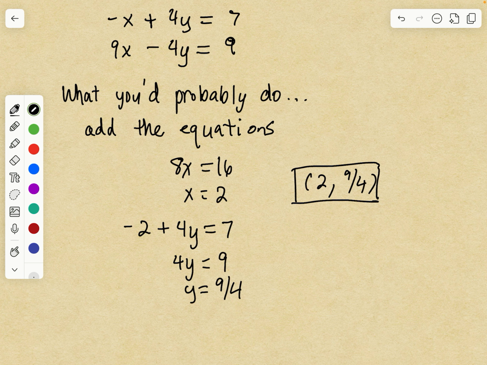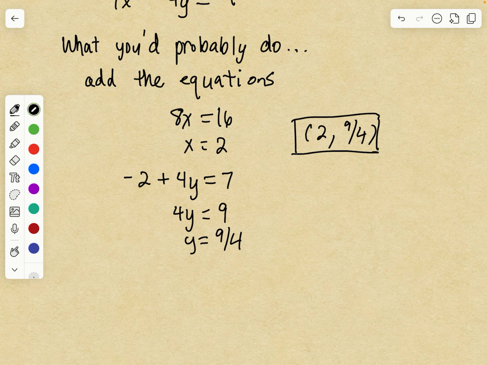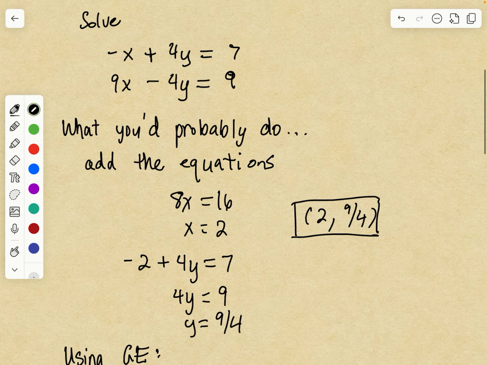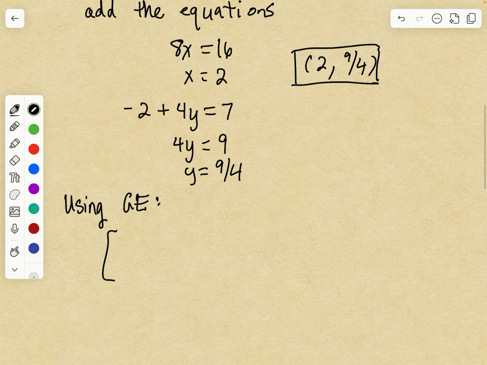But if you wanted to do this using Gaussian elimination, which I'll abbreviate as GE, then what you would do is set up the augmented matrix, and the augmented matrix is this.